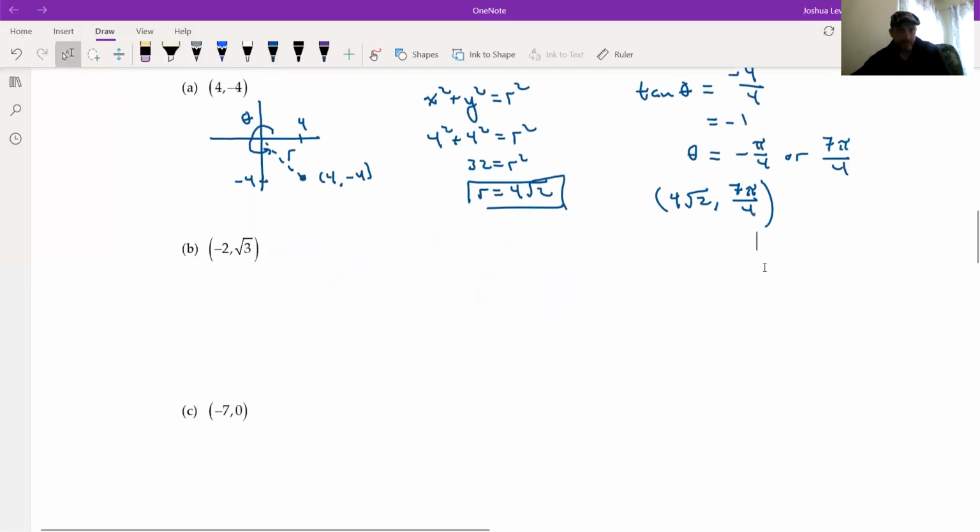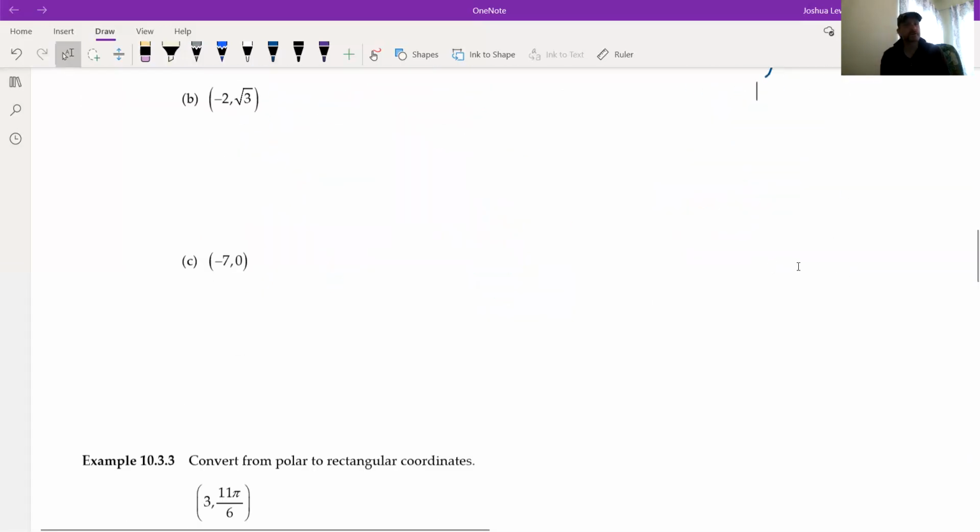All right, how about the next one? Negative 2 root 3. Well, let's see. We're in quadrant 2, and so I'm just going to kind of eyeball this a little bit. Sure, why not? Negative 2 root 3.